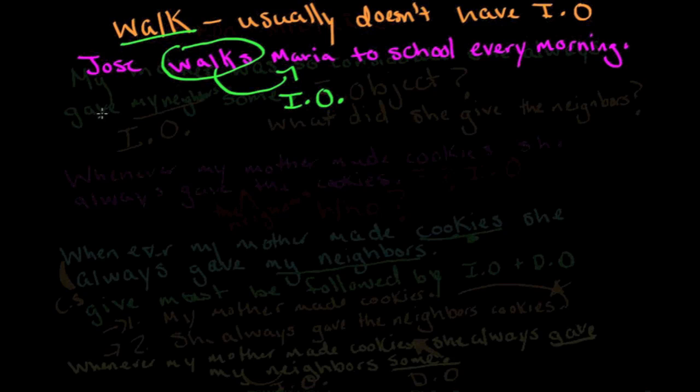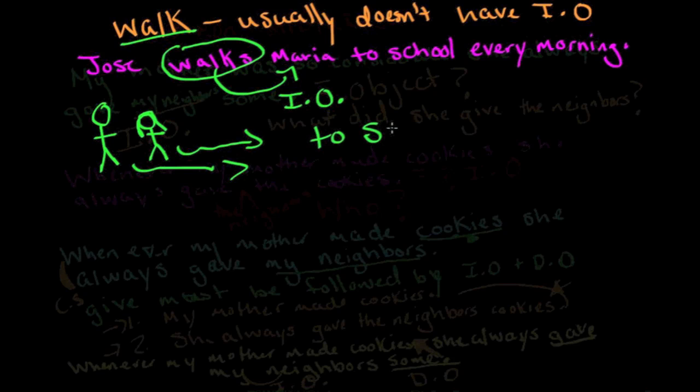So this means that Jose, the father, takes Maria, the daughter, and walks with her together to the school.